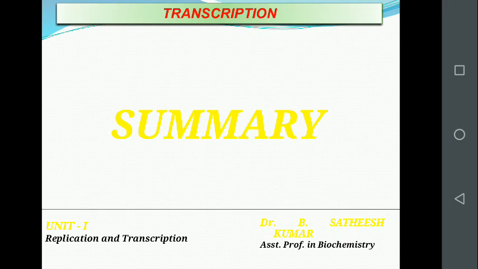The third one is splicing, where introns are removed and exons are joined together to form a functional, mature mRNA molecule. So this is about post-transcriptional modifications, and thank you all.